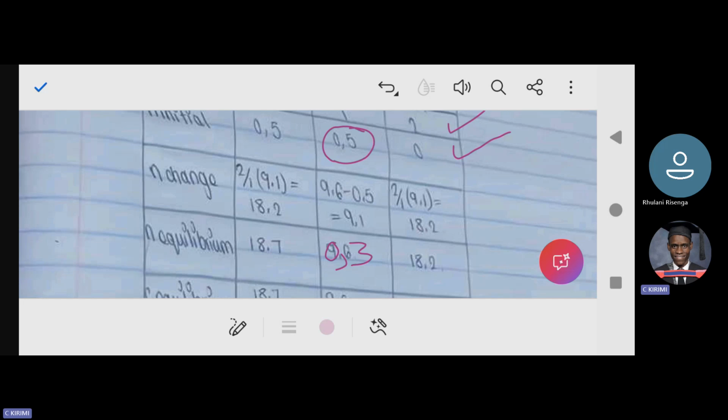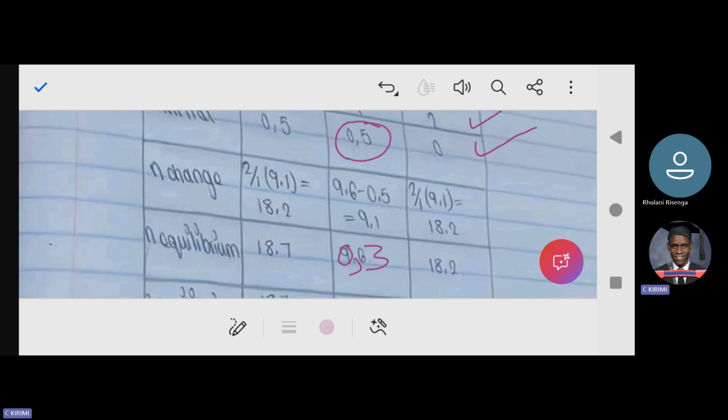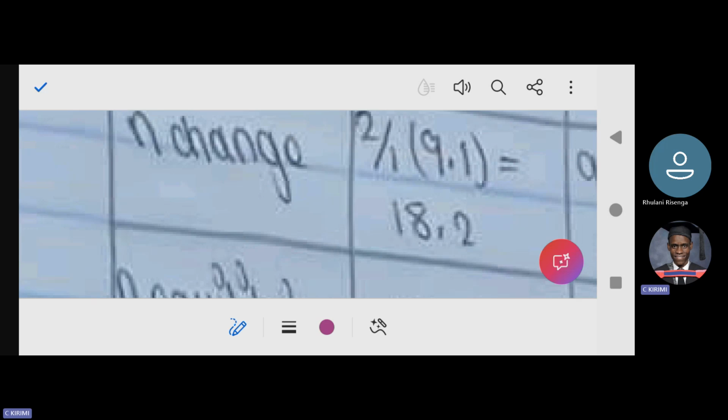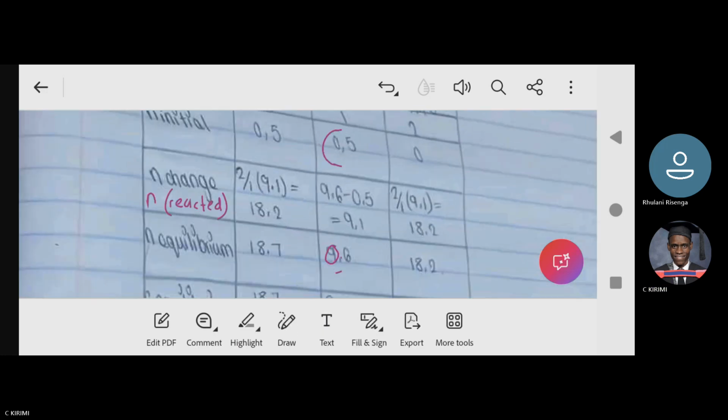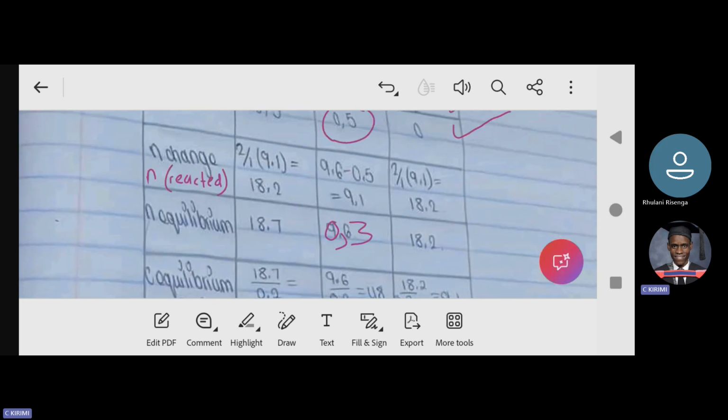So already I was told the number of moles at equilibrium. So the change here is telling you the number of moles which reacted. Make it easy for understanding. So initially, the ones that reacted and the ones which are at equilibrium, 0.3.